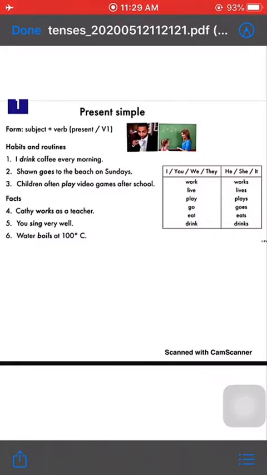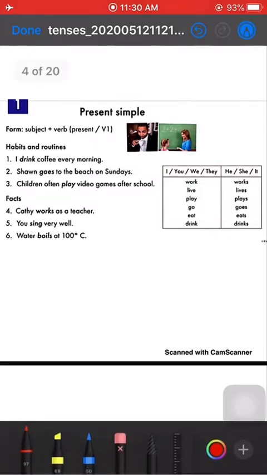Here in this third sentence, the fact is about the world. So we can say facts can be about people or they can be about things in the world. So that is the present simple tense.